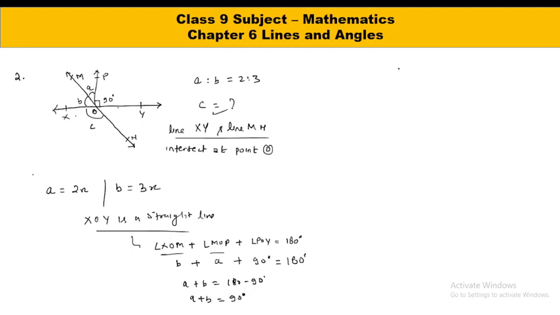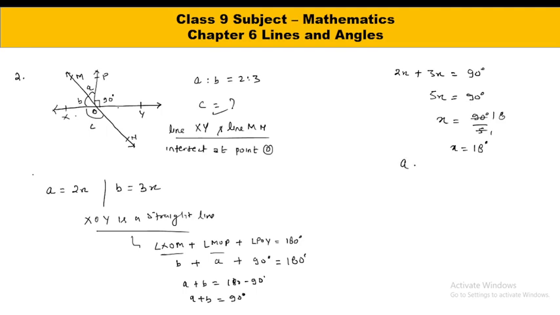Now angle A is given as 2x, angle B is given as 3x, so the sum will be equal to 90 degree. 3 plus 2 is 5x equal to 90 degree. Then x will be equal to 90 degree upon 5. So x will be equal to 18 degree.